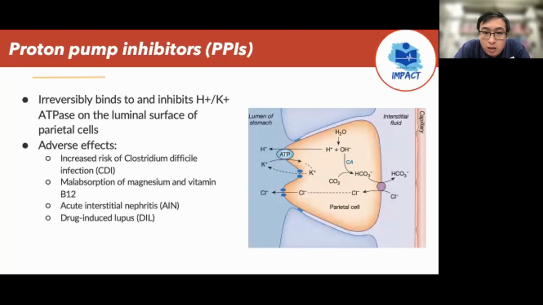Can someone tell me why hypomagnesemia is bad? What does it cause? Yes, it can cause hypokalemia. But I think the more important electrolyte that goes with magnesium is calcium. Profound hypomagnesemia, a magnesium level of less than 0.5, can cause peripheral PTH resistance.